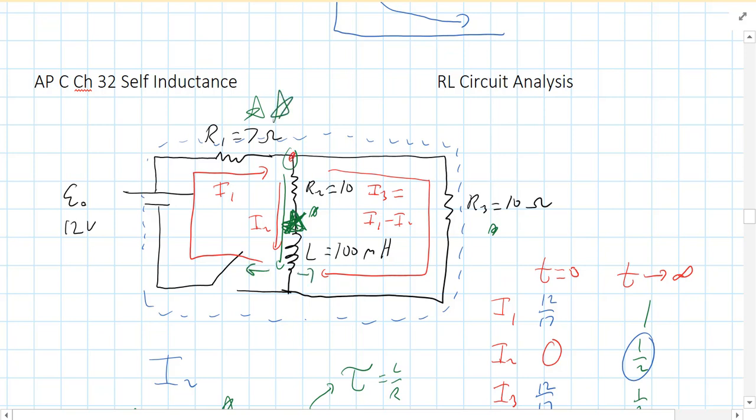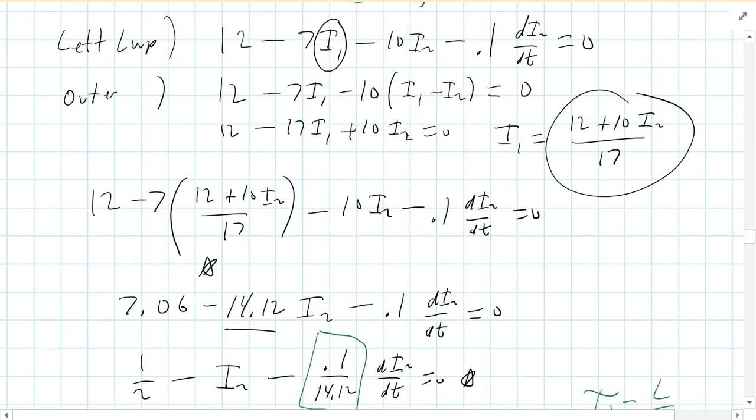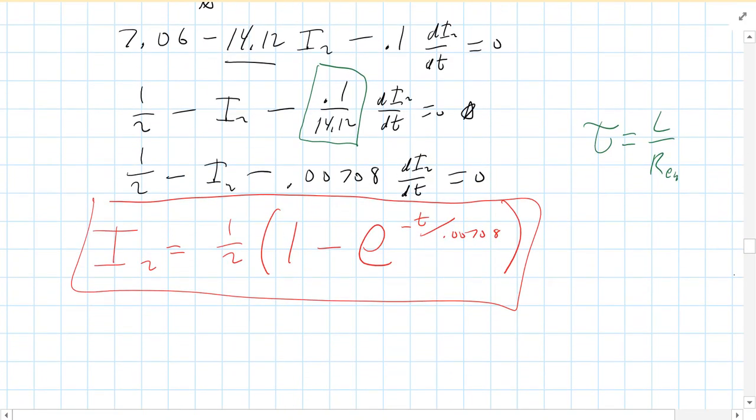That means that this 7 ohm resistor and this 10 ohm resistor are in parallel, okay? If you do 1 over 7 plus 1 over 10 and flip it over, you get about 4.14, and then 4.14 plus 10, you get 14.12.